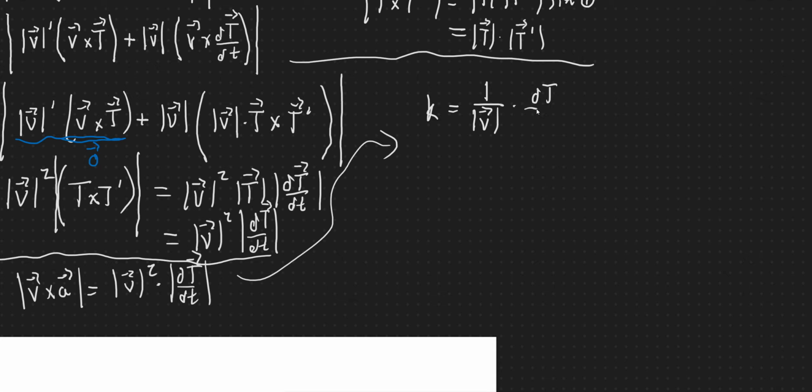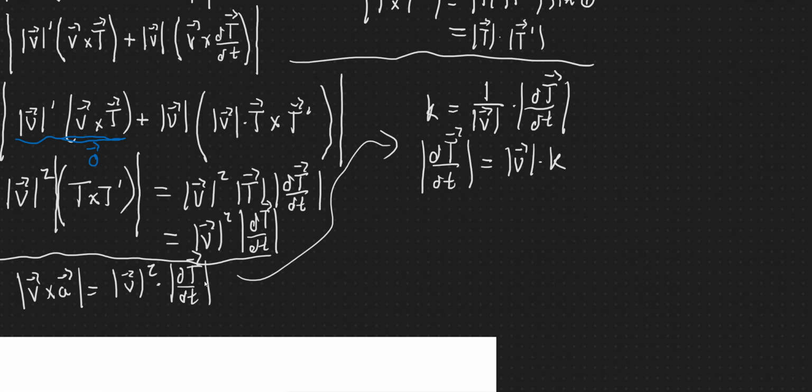times this magnitude of dT/dt, right? This is how we calculated it from before. And so what that tells me is magnitude of dT/dt is speed times curvature.